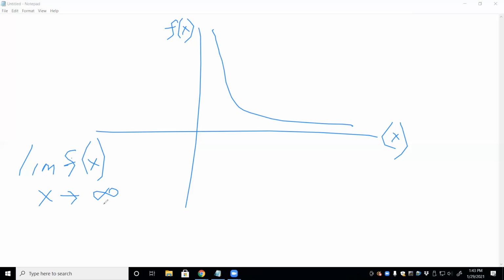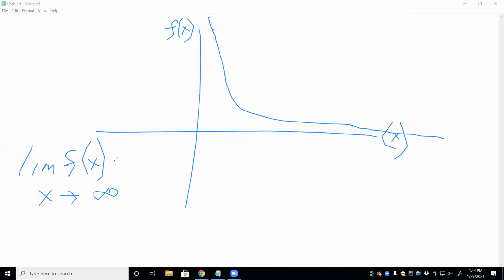It looked like 1, 0. In other words, this thing keeps getting closer and closer to 0. And on this end, it keeps getting closer and closer to your f of x axis.